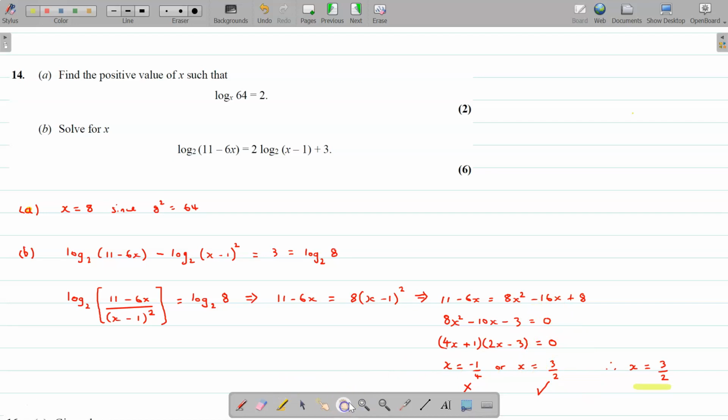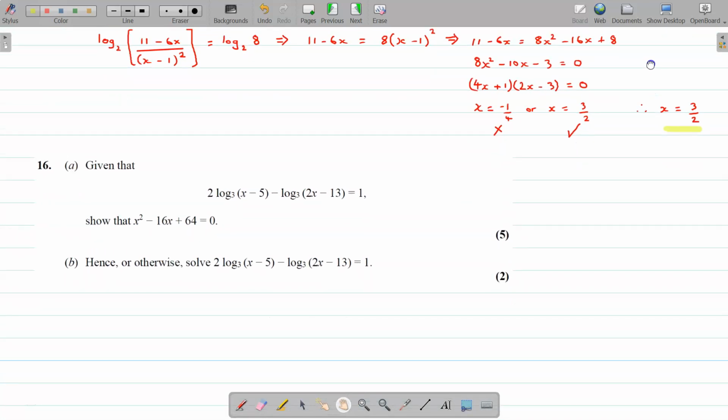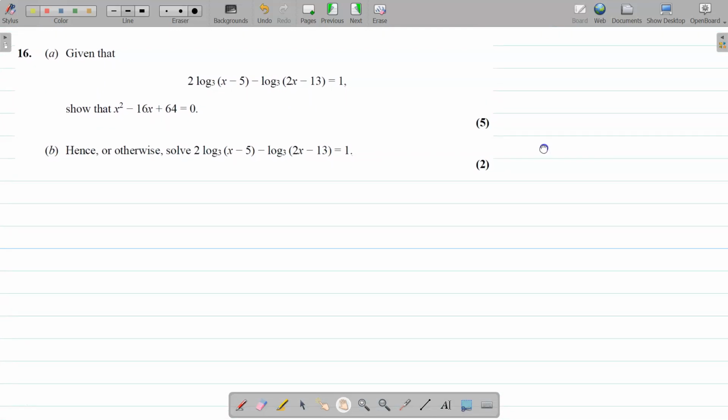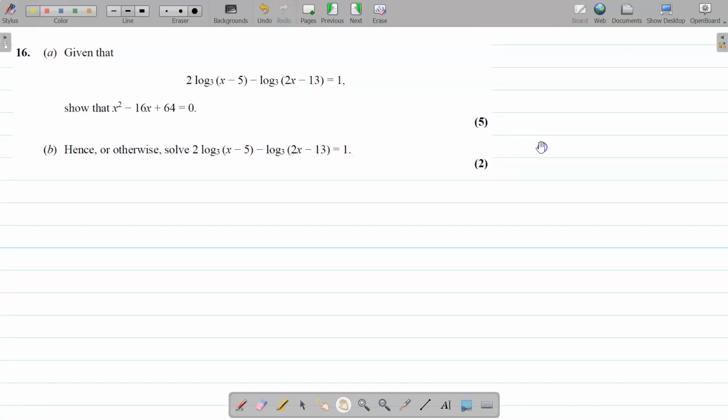And finally we go to question 16 from that particular collection of questions, and this was it. Here we have an expression in log to base 3, and I can immediately write the left-hand side of this as follows. So I'm just going to put part A here, I'm going to put the 2 up over here as a power.